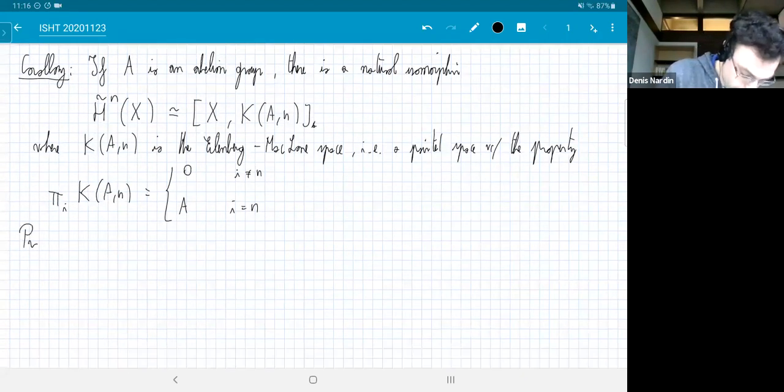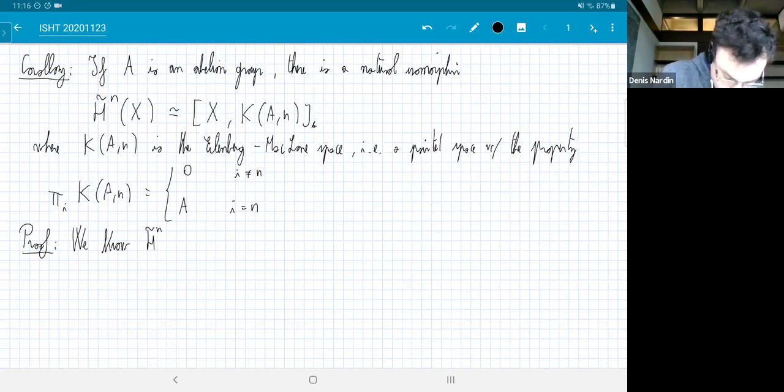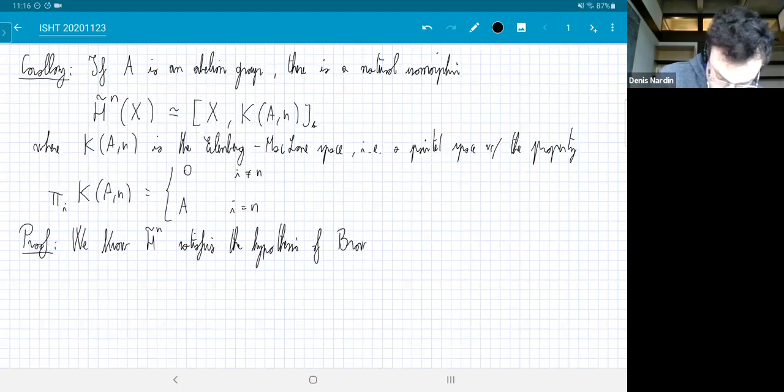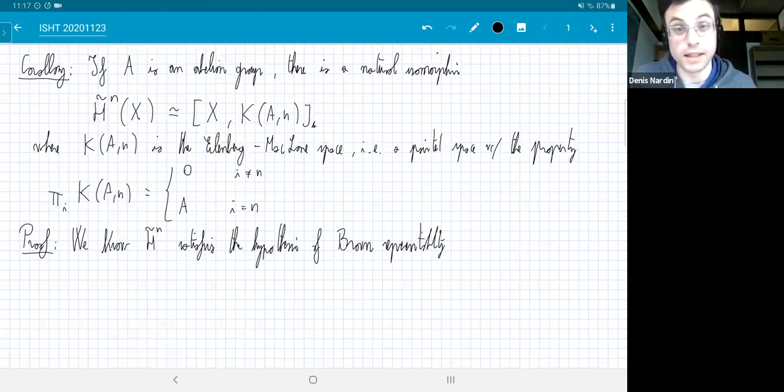So proof, well, we know that H tilde N satisfies the hypothesis of Brown representability, or more precisely, it's representable even in non-connected pointed spaces.